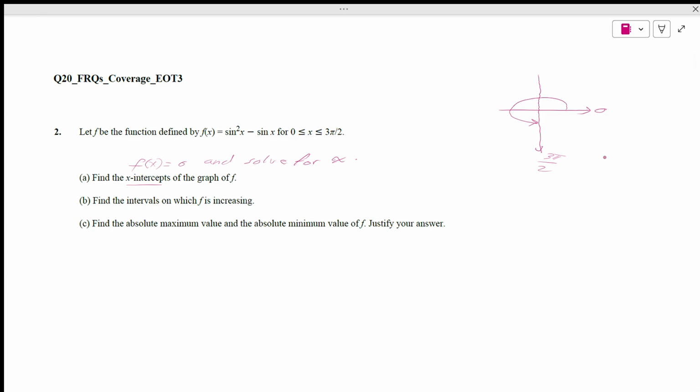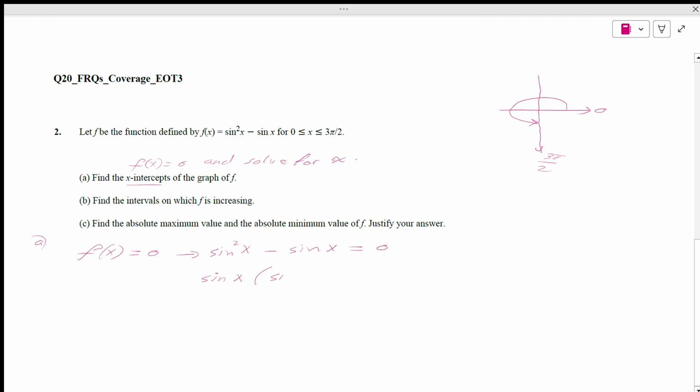So if you set the function f of x equal to 0, that means sine squared of x minus sine of x equals 0. I can factor out sine from both terms. So sine of x is taken out as a common factor.